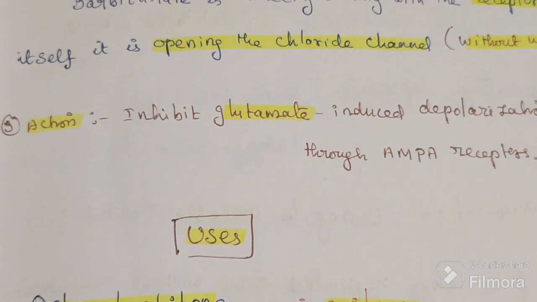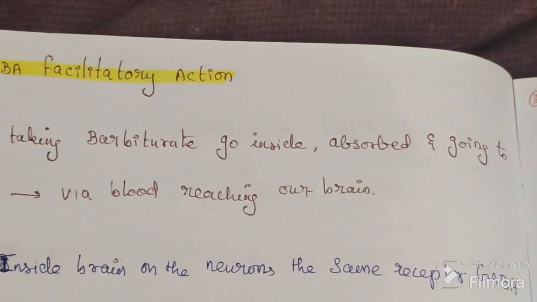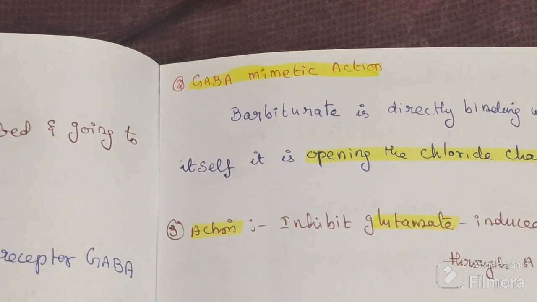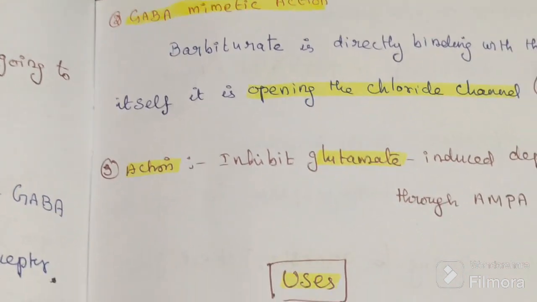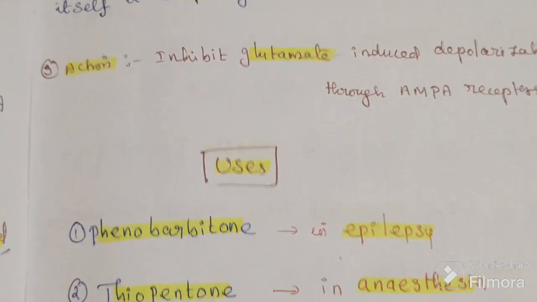So this is the triple action of barbiturate. First is facilitatory action, second is mimetic action. Both increase GABA, so it induces sleep. Third one is decreasing glutamate. Next one is uses.